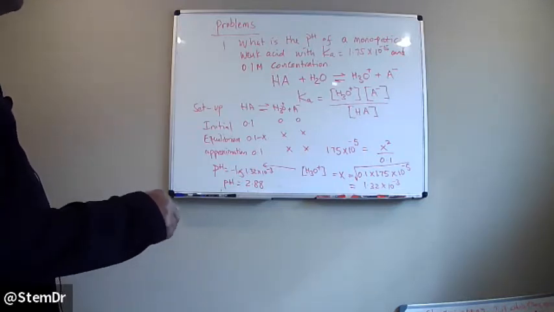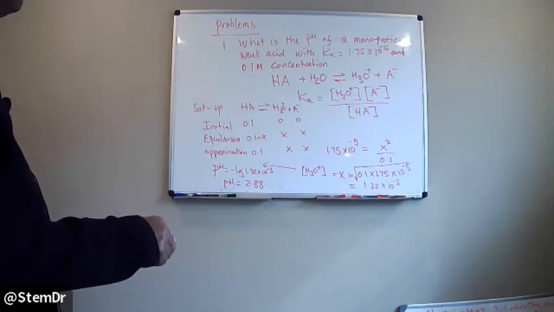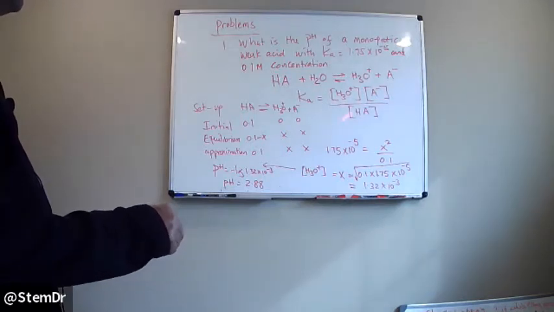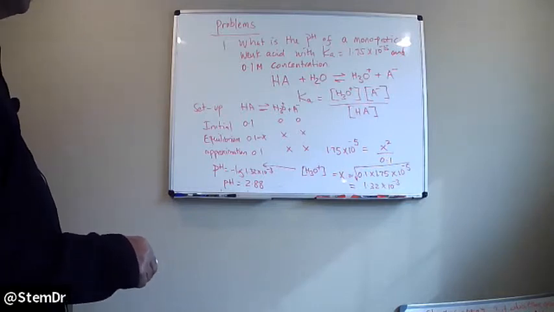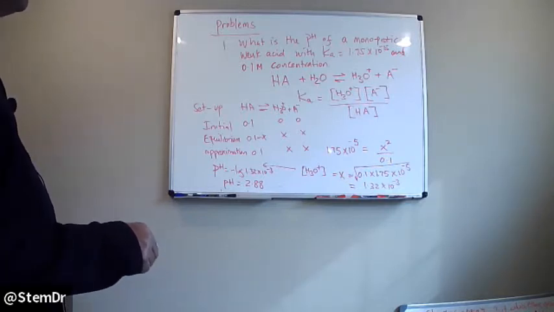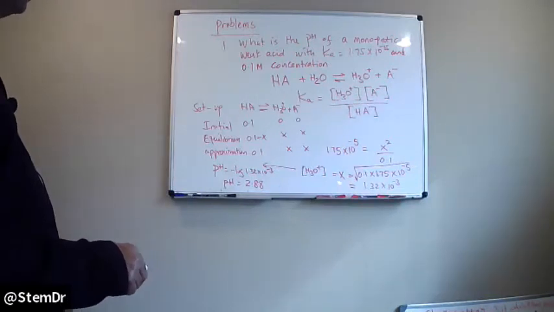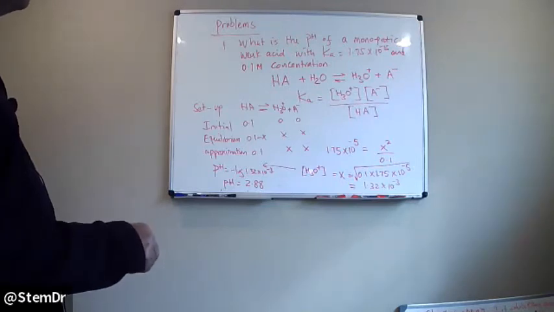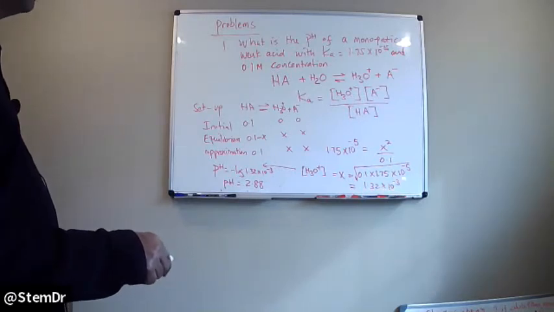Now, if you just use this equation, Ka, which is 1.75 times 10 to the minus 5 equals X squared, that is X times X over 0.1. Therefore, X would be the square root of 0.1 times 1.75 times 10 to the minus 5. That X would be the hydronium ion concentration, which is 1.32 times 10 to the minus 3 molar.